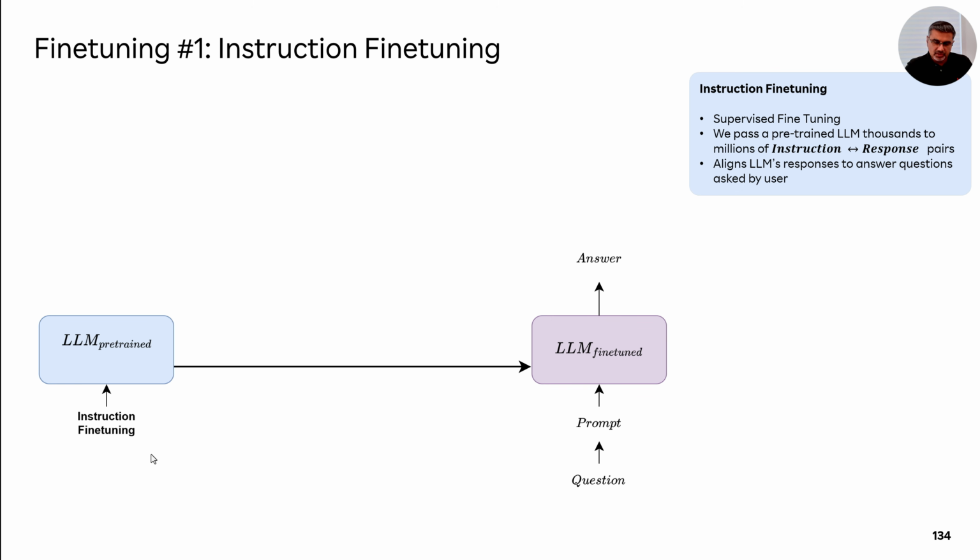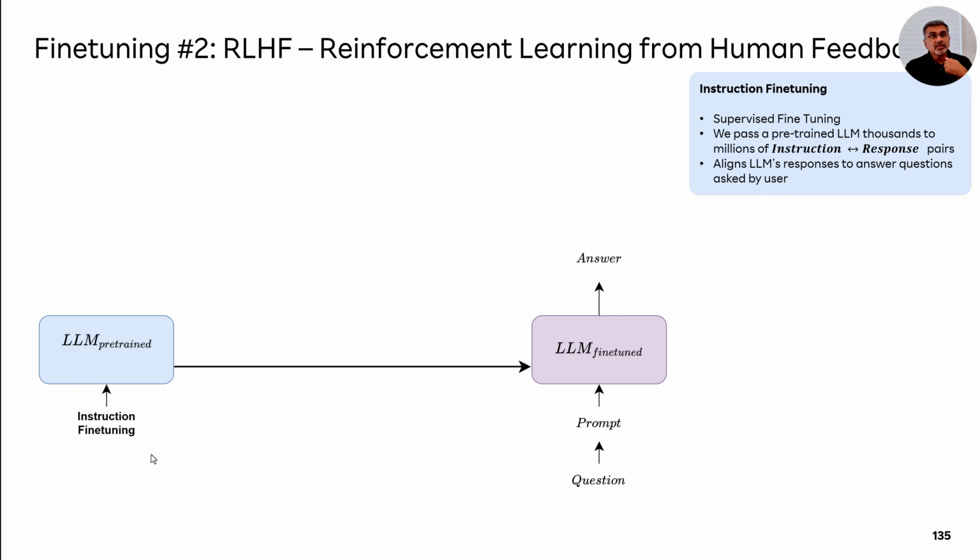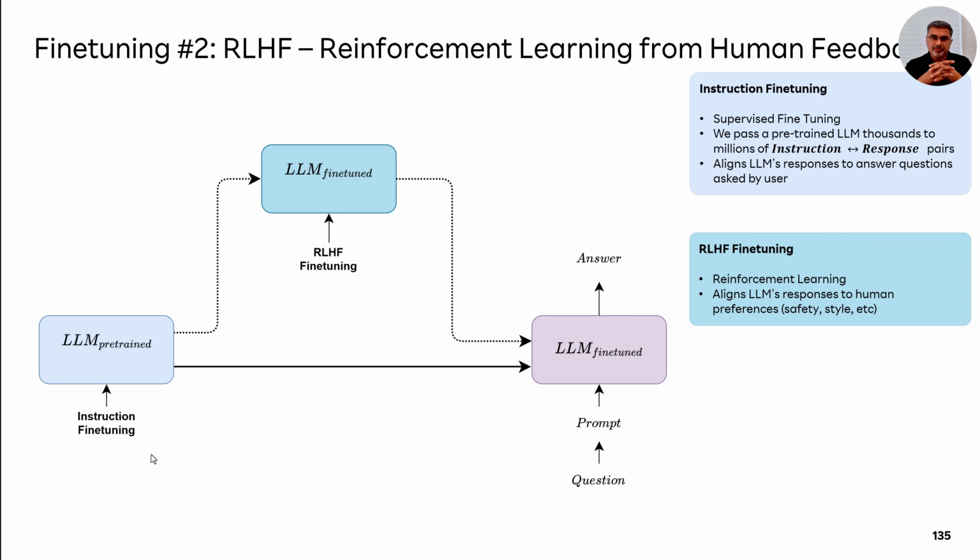But in instruction fine-tuning, because you want the responses to be aligned to how the human wants to see them, you have to give the model instruction and response pairs, which is human-created training data of millions of these pairs that you pass to the pre-trained large language model. I'll show you the format for that shortly.